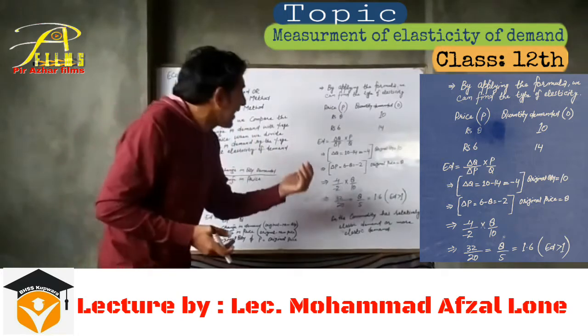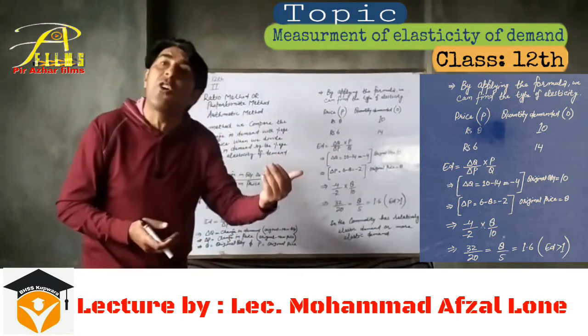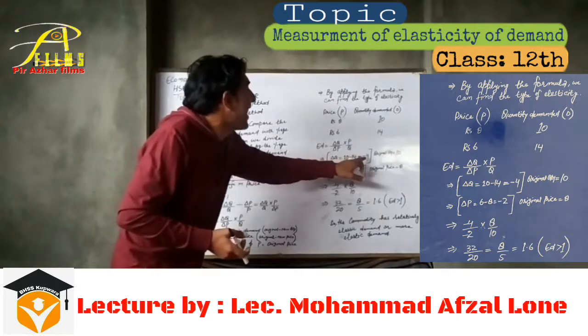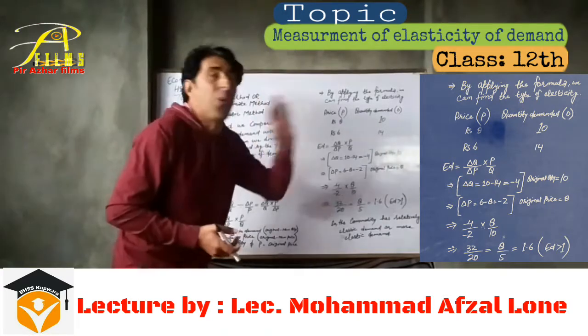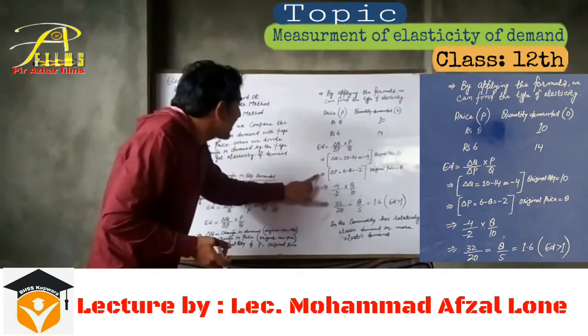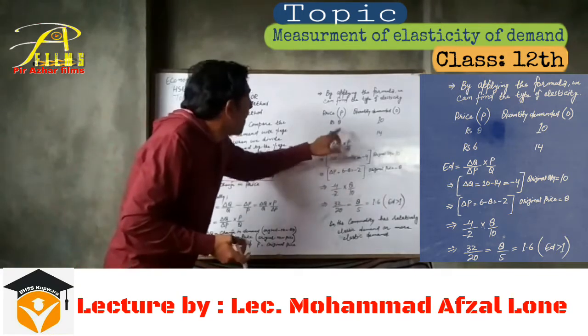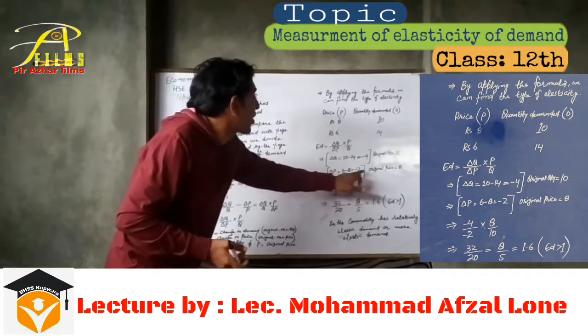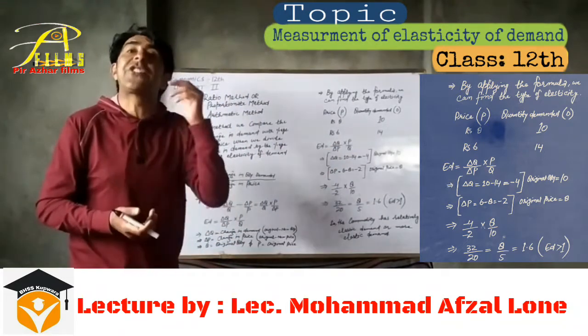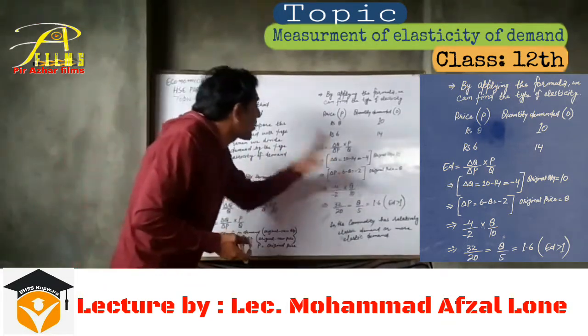Now the change in price, delta P, is 6 minus 8, that is equal to minus 2. So the change in the price is minus 2.